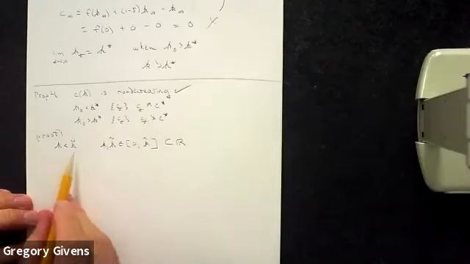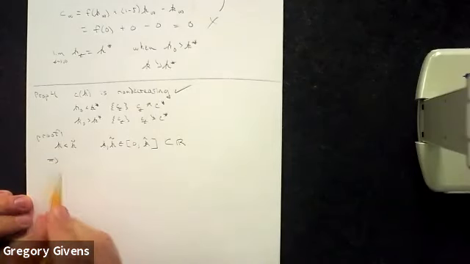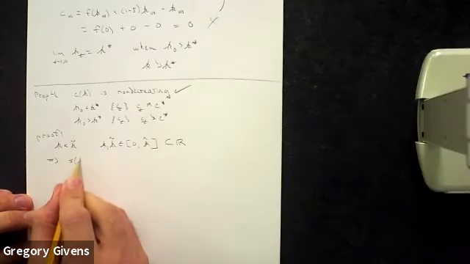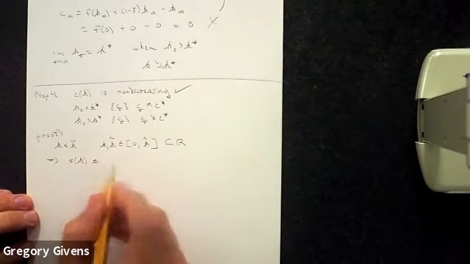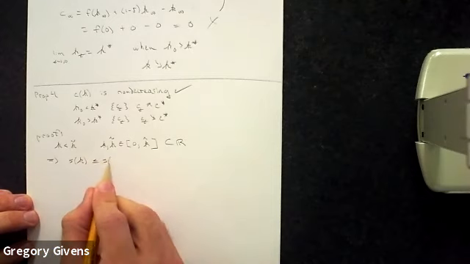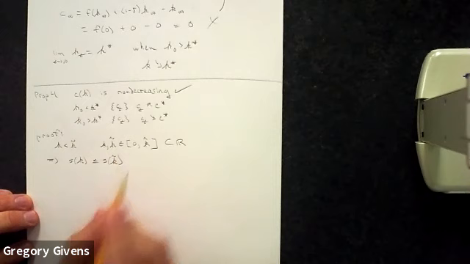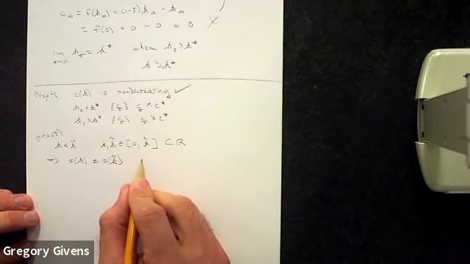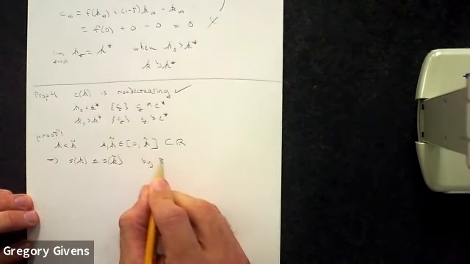If K is less than K tilde, then what do we know? S of K has to be less than or equal to S of K tilde. And that is by proposition 1.